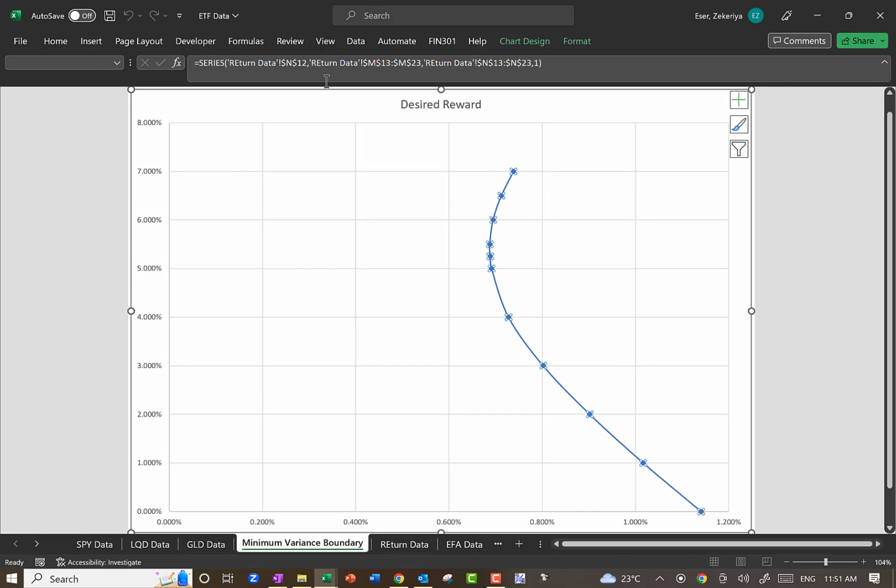Okay, the way this chart is, you can actually think of that as a formula. The first argument is where the title is coming from. I'm going to actually type that one in manually.